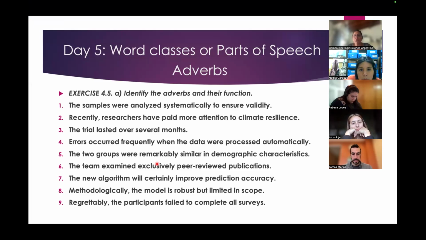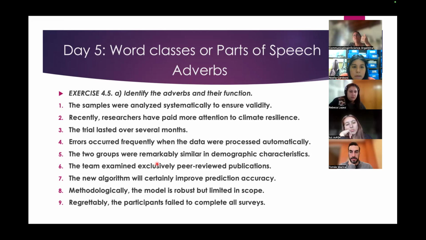We have the first sentence, which is: the samples were analyzed systematically to ensure validity. Which is the adverb in this sentence? Systematically. And what do you think is the function of that adverb?